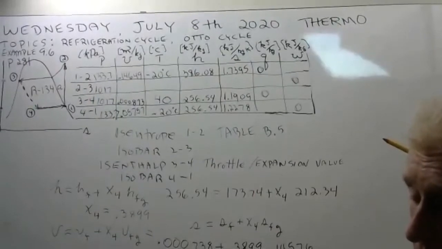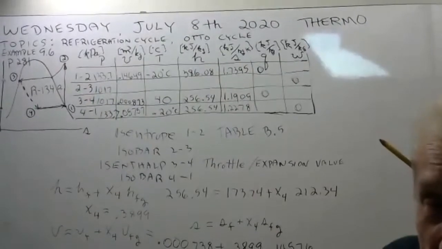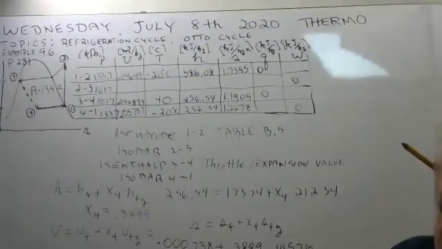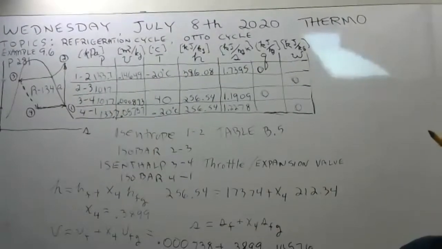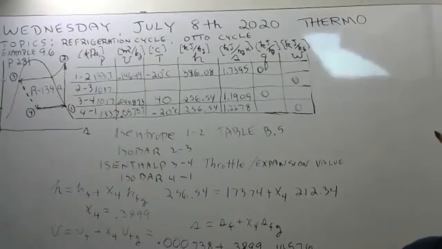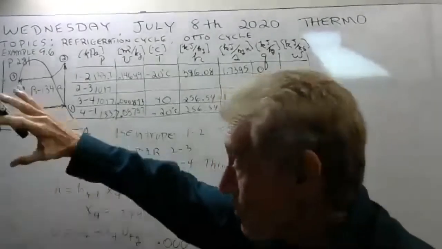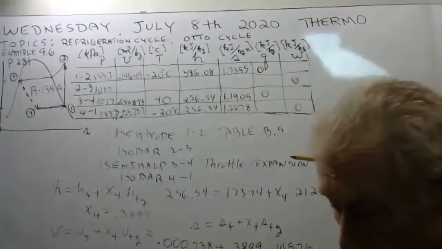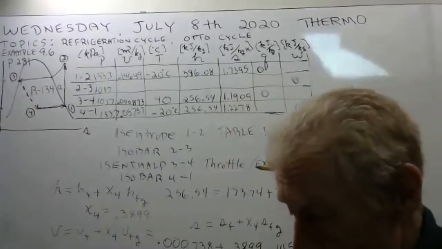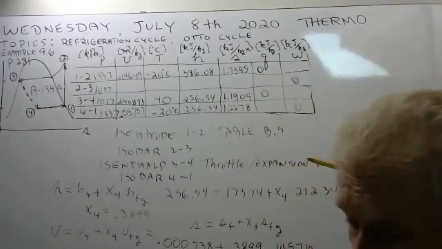I guess I missed that. That's okay, that's why I'm asking. If you missed it, you're probably not the only one. It's an evaporator. The evaporator is the heart and soul of a refrigerator because that's what makes things cold.